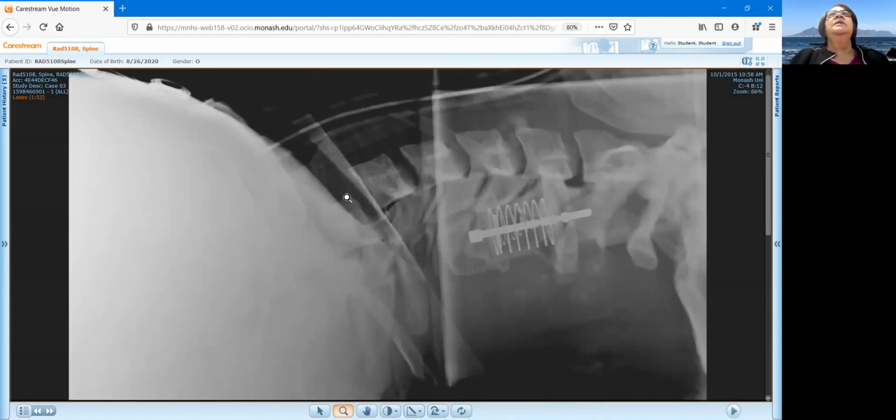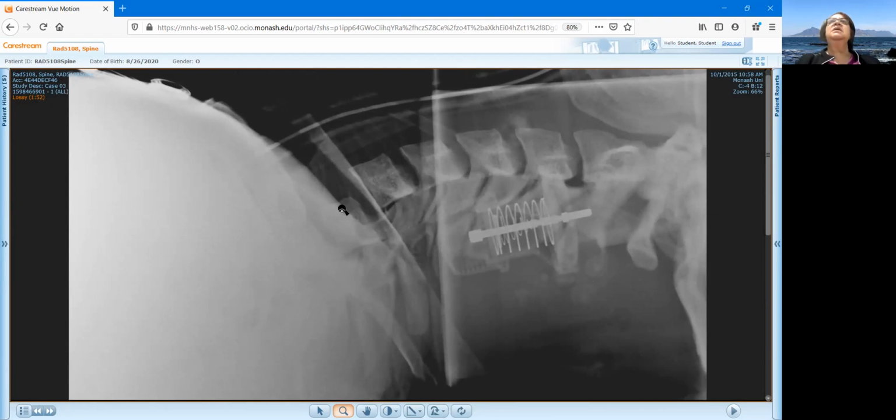It's quite clear that there is a step forward, that's C1, 2, 3, 4, 5, 6, of C6 on C7. If you look at the percentage of slippage, it looks like it is bordering on 40 to 50%.